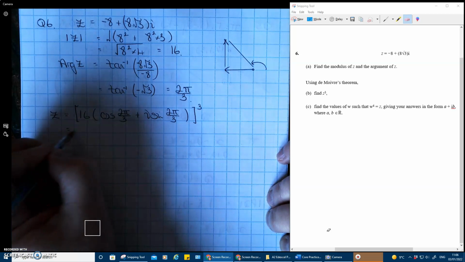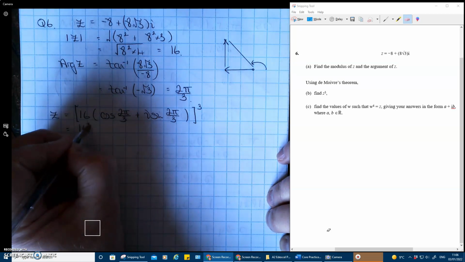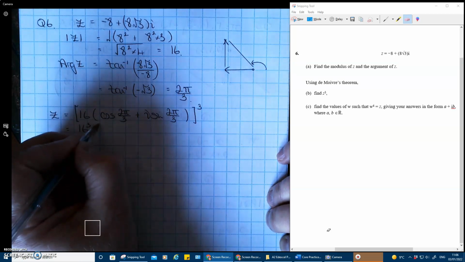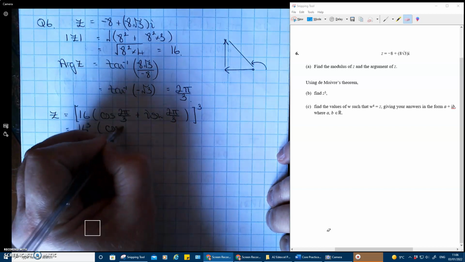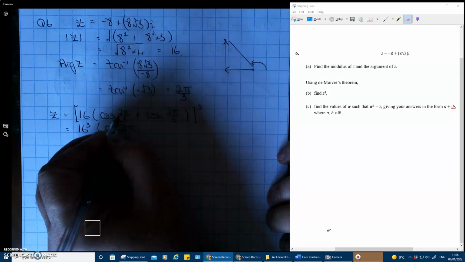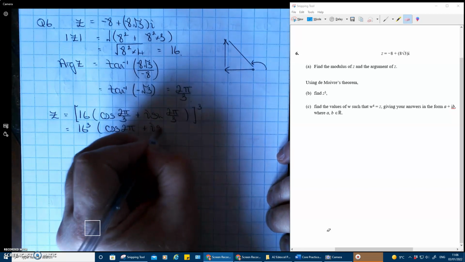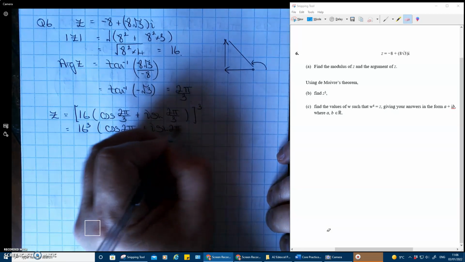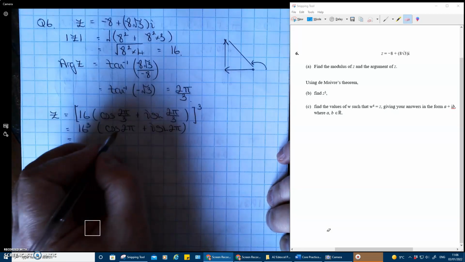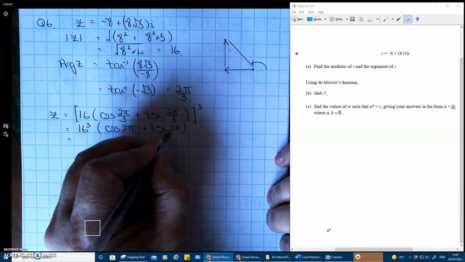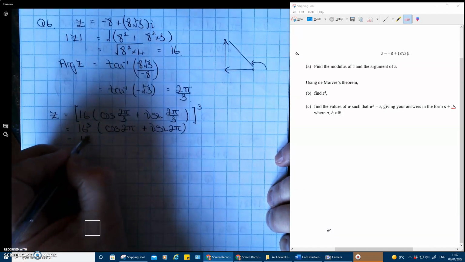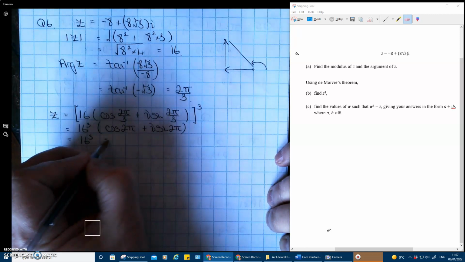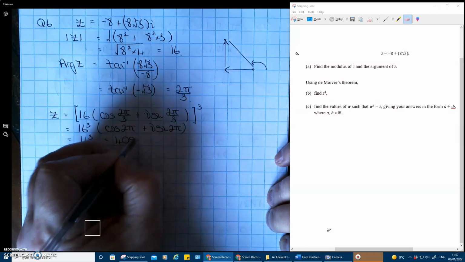So I get 16 cubed times cos 2 pi, because I multiply by 3, I sine 2 pi. Cos 2 pi is 1, sine 2 pi is 0, so I end up with 16 cubed, or 4096.